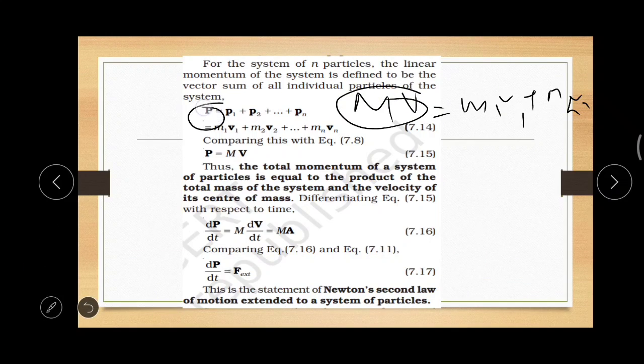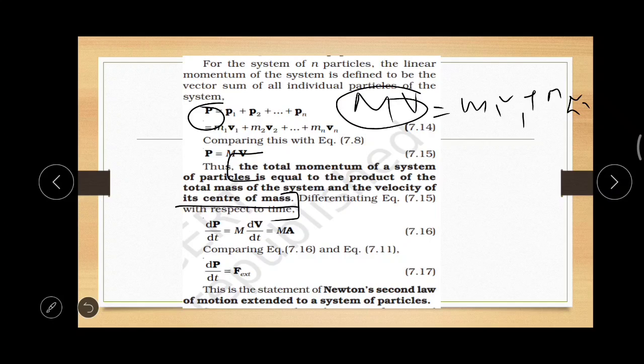So the momentum of the center of mass is the sum of the momentums of each particle: m1 v1 plus m2 v2 plus etc. up to mn vn. So we can say the total momentum of a system of particles is equal to the product of the total mass of the system and the velocity of its center of mass. Otherwise, it is the sum of the products of mass and velocity of each particle.